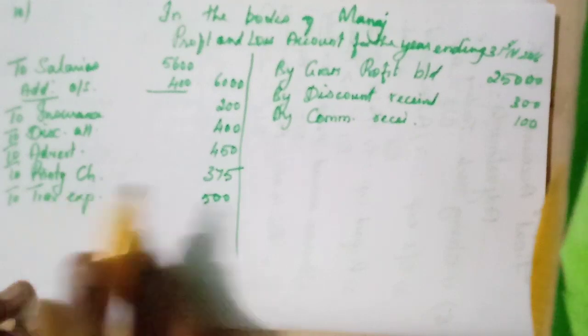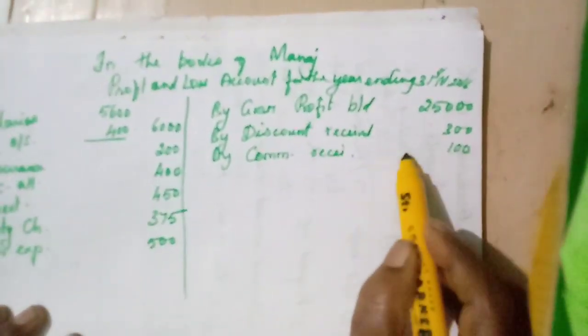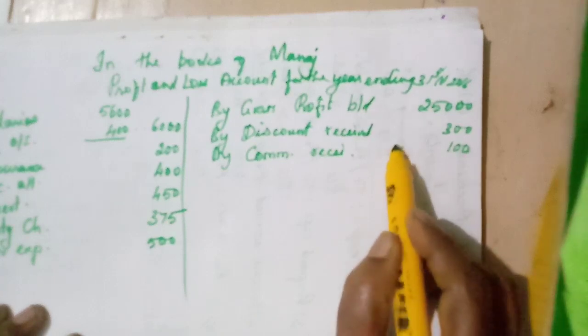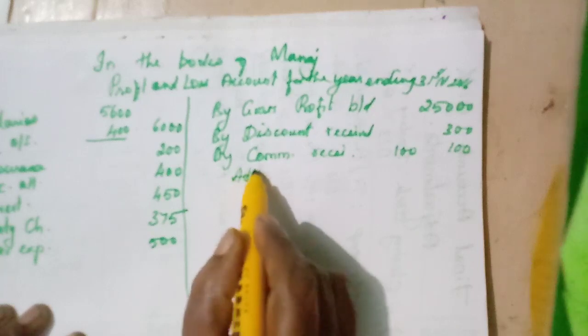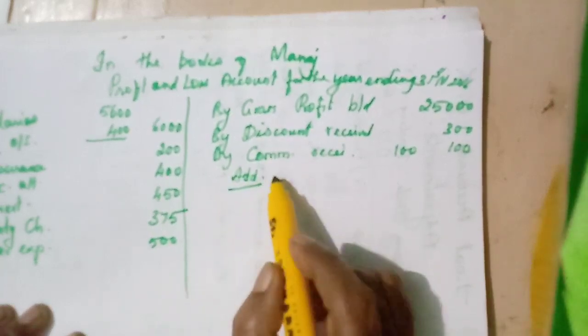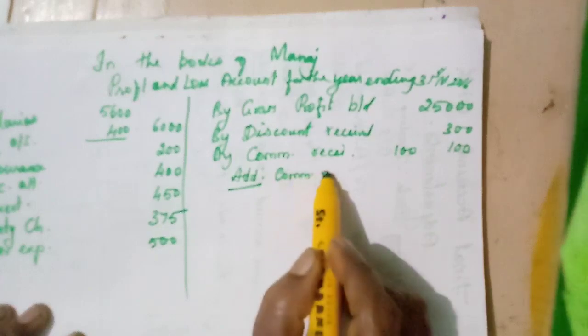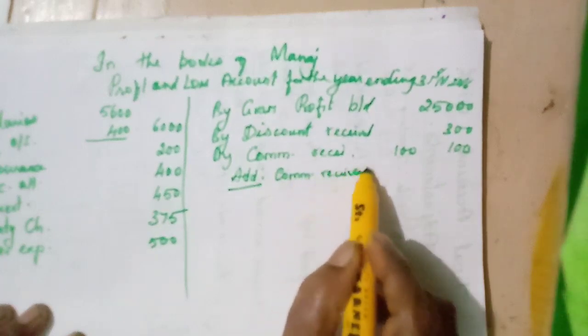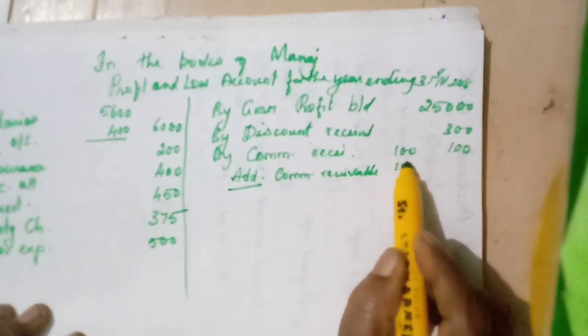Oh, commission receivable is there in the adjustment, isn't it? Commission received 100. Add receivable, accrued. Commission receivable 100.